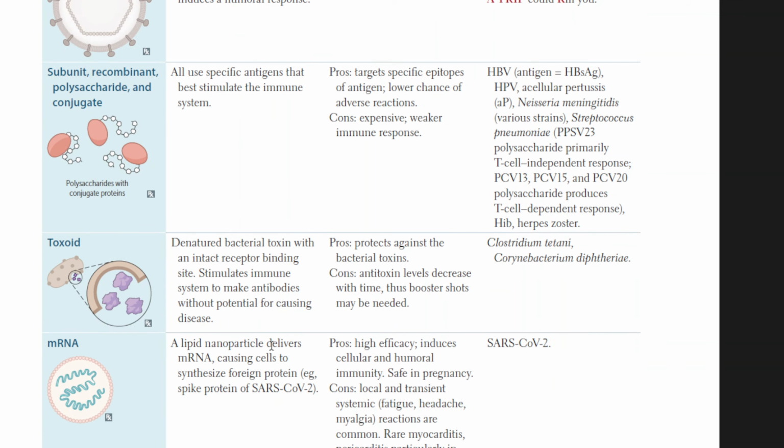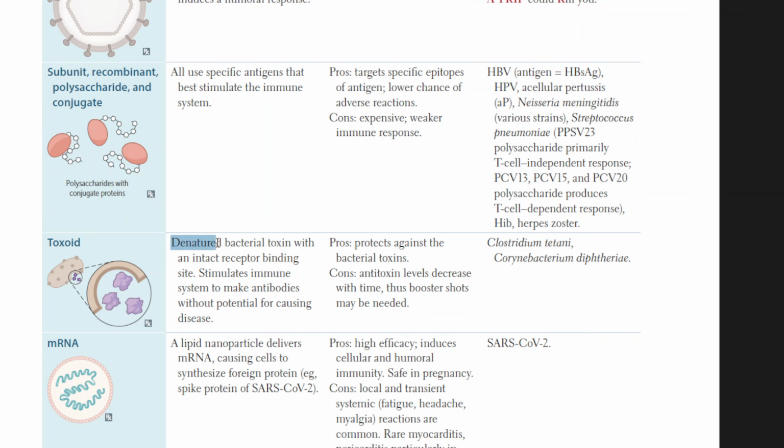In the next group we have the toxoids. They are denatured bacterial toxins. They take the toxin of the bacteria and denature it, while keeping the receptor binding site intact, so they still work.